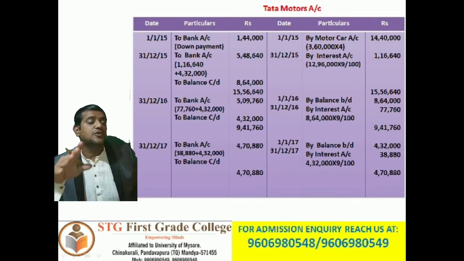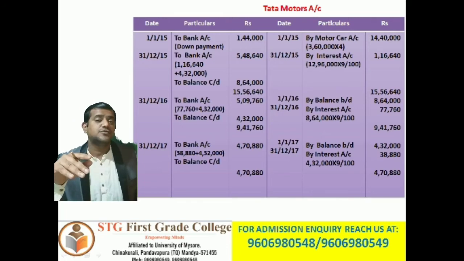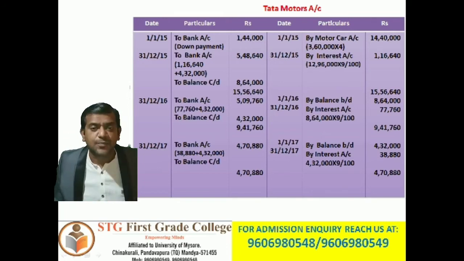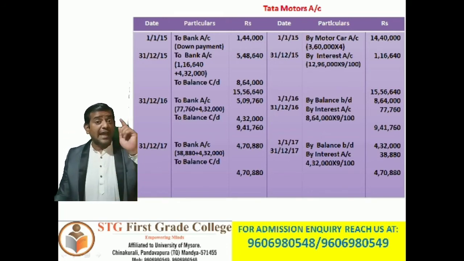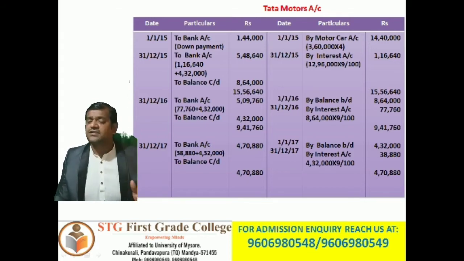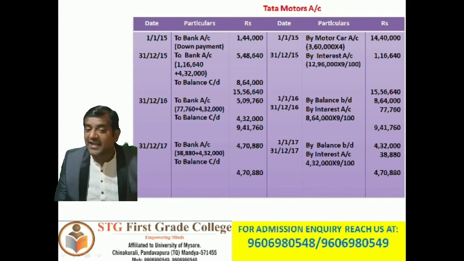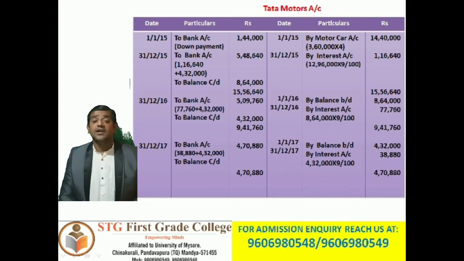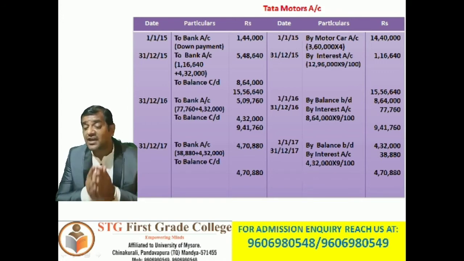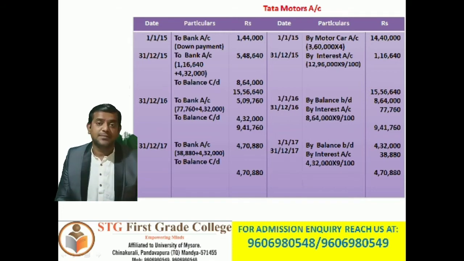Add both, so you're going to get 4,70,880 rupees. Clear? So now add both the sides. So you're going to get 4,70,880 rupees. Clear? So now we are done with the major part of the hire purchase system.